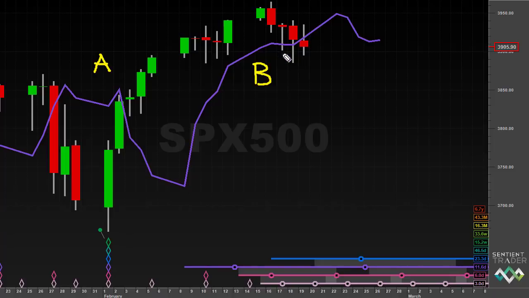If this is a B category interaction, which it would be if this was a 20-week cycle trough, we would expect price to find support at the level of the FLD. And as I have already mentioned, it certainly looks as if price is finding support at the level of the FLD. This increases my confidence in this particular analysis.